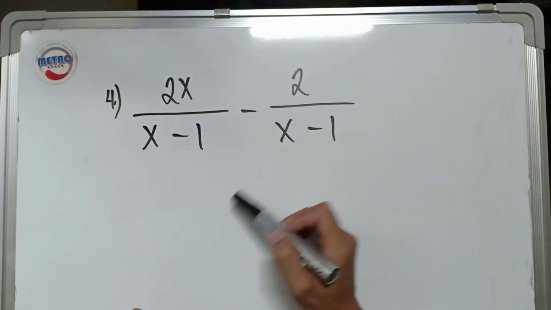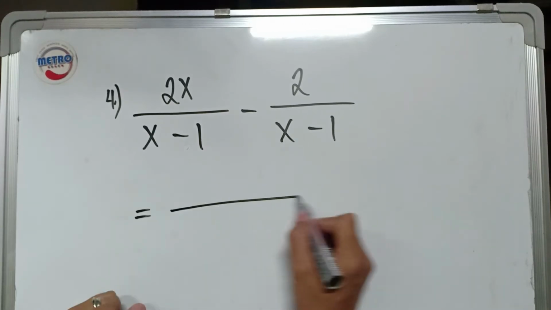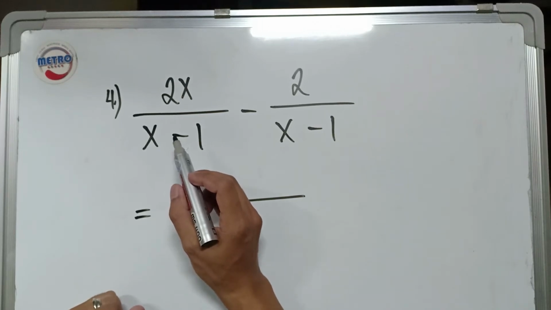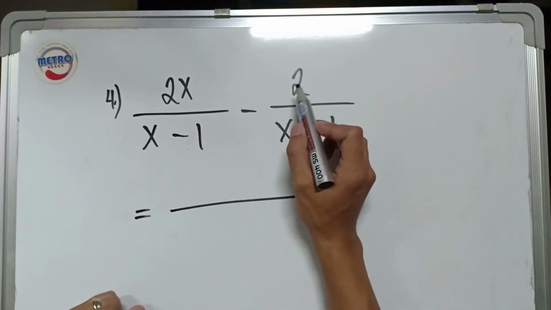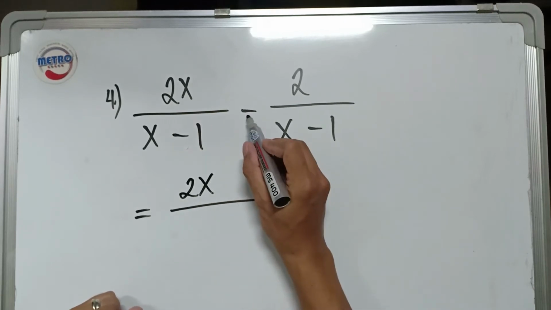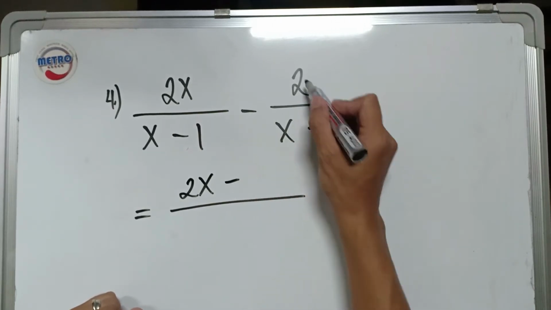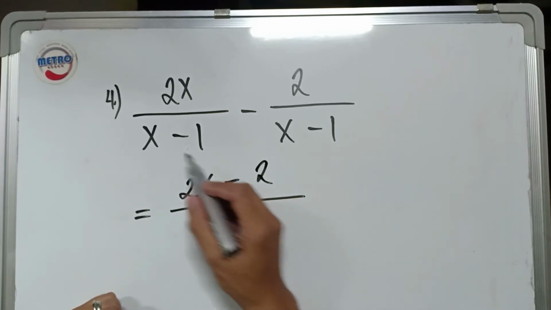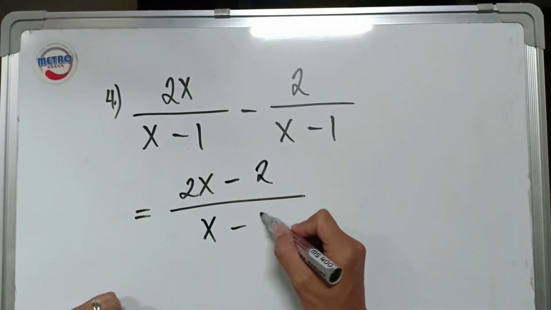So they are having a common denominator. Since they have a common denominator, we simply add the numerator, 2x minus 2. So copy 2x, copy the operation sign negative, then 2. Then of course, our denominator will be x minus 1.